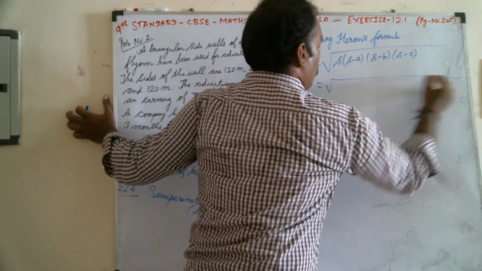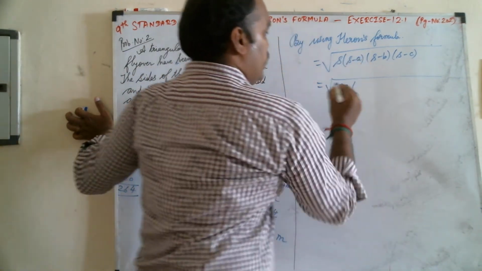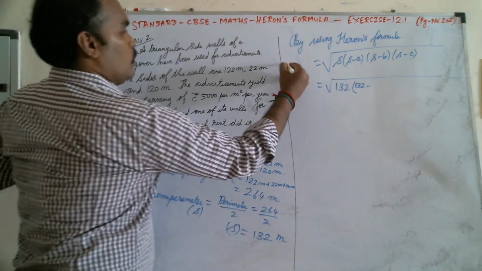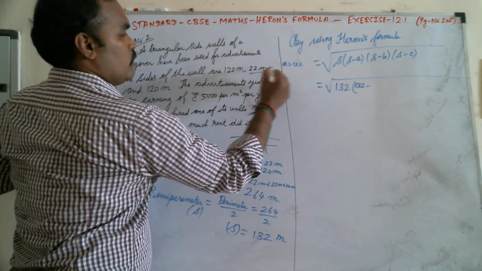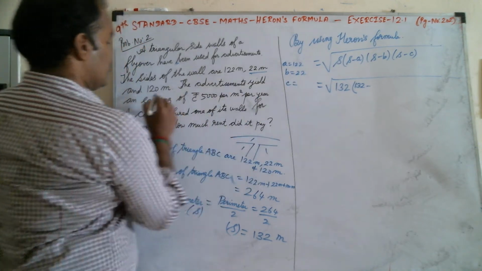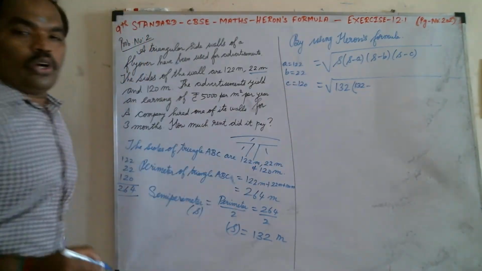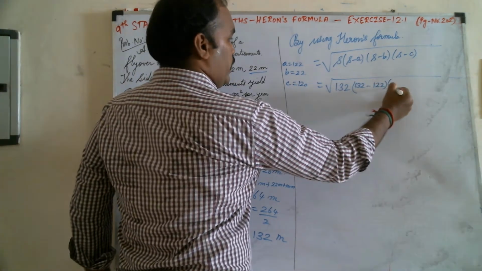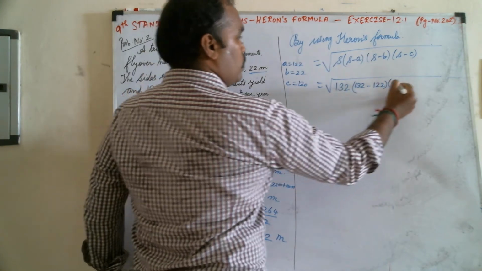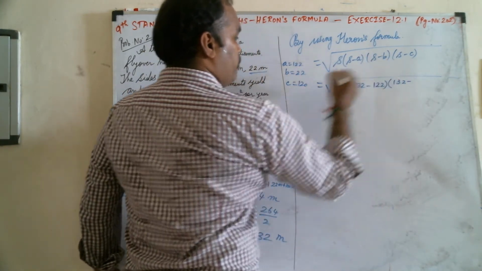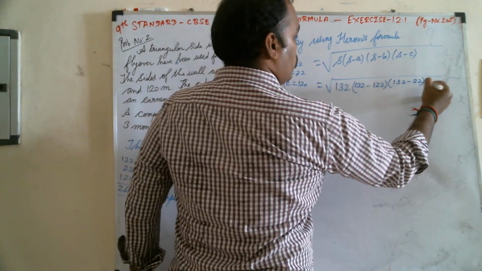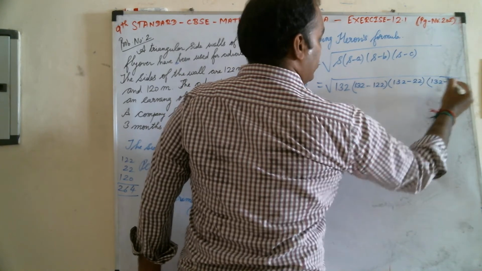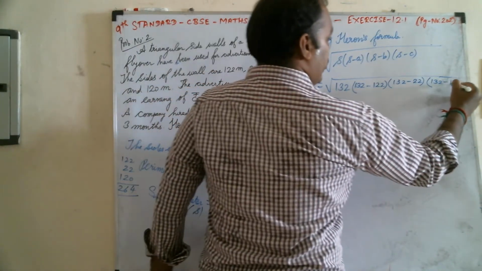So 132 into s minus a, where a is 122, b is 22, c is 120. So 132 into s minus b, 132 minus 22, into s minus c, 132 minus 120.